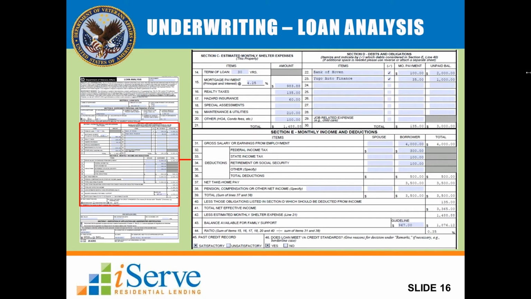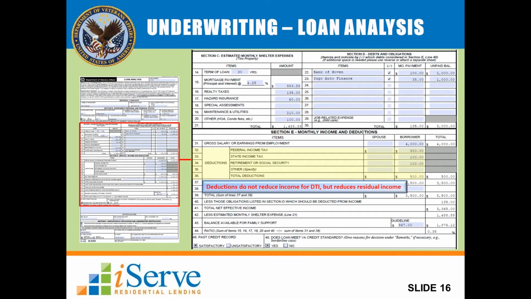All right, now Section E is where we're going to figure out our DTI and our residual income. So line 31, gross salary, pretty standard. Spouse there, borrower there. So in our example, we have $4,000 in gross salary for the borrower. This yellow shaded box here, these are the deductions from their payroll.